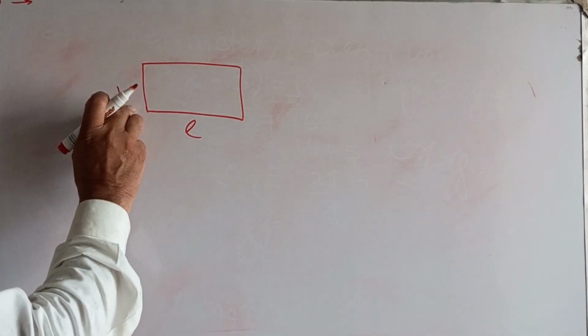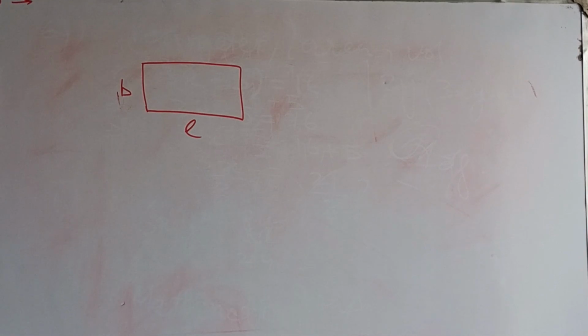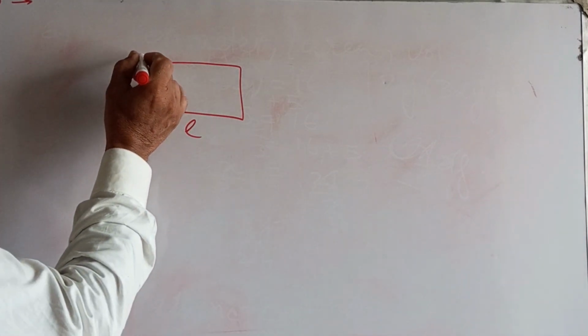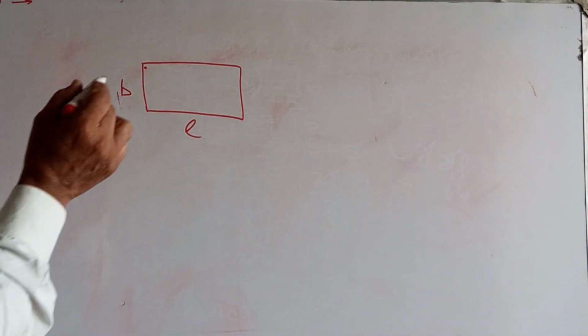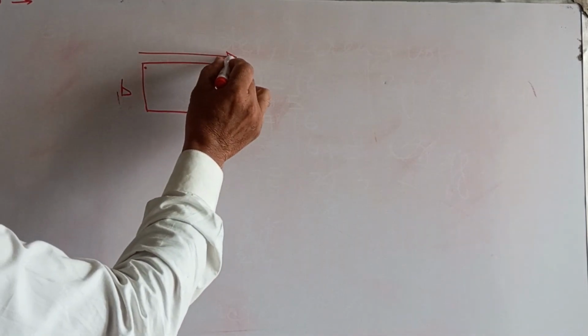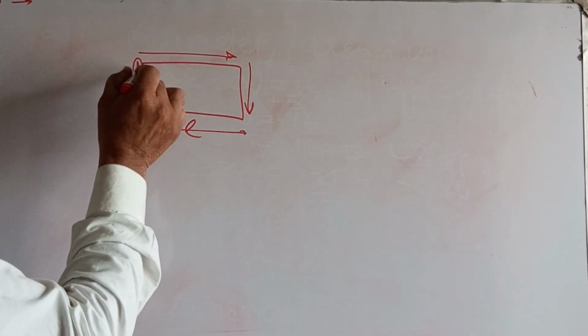Mostly it is called b, breadth. Now what I did was I put a mark over here, and then I moved from here to here to here, and here to here, and back to my original position.